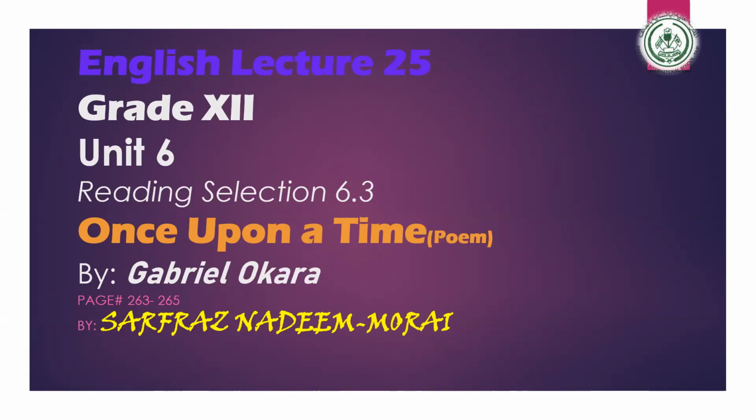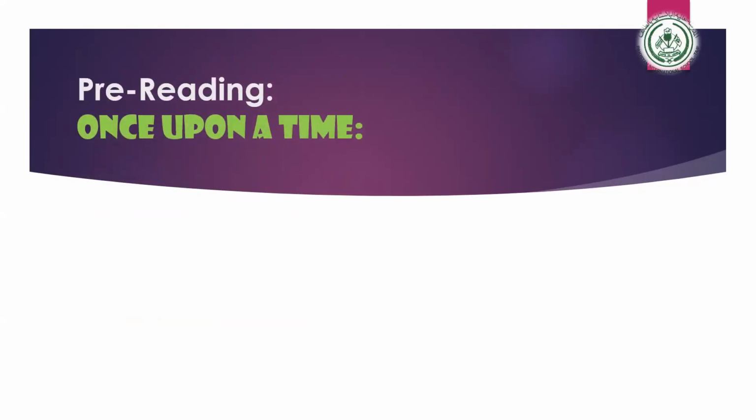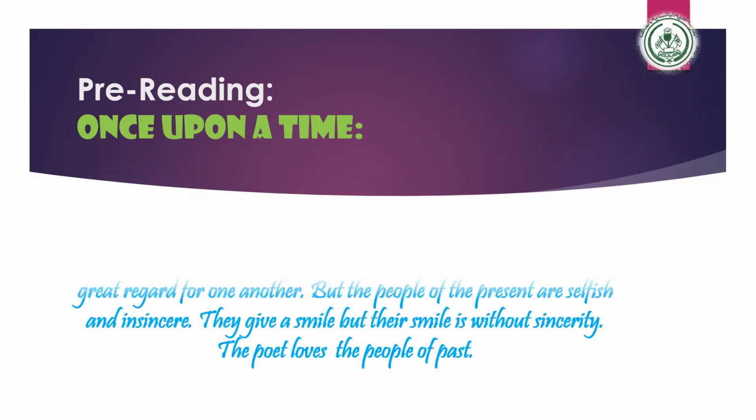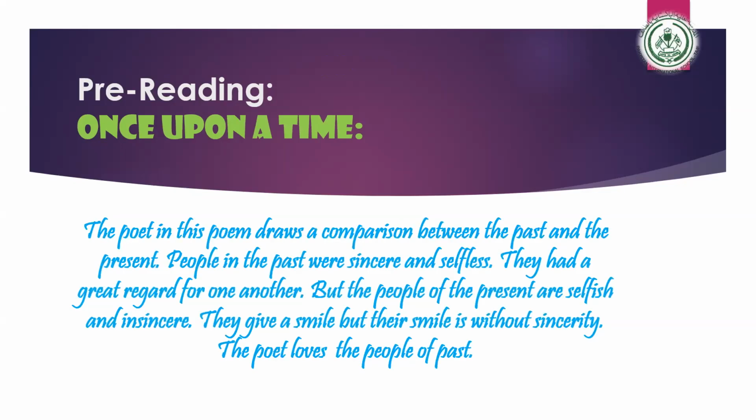This is reading selection 6.3, Once Upon a Time. Rereading, dear students, about unit 6.3. The poet in this poem draws a comparison between the past and the present.